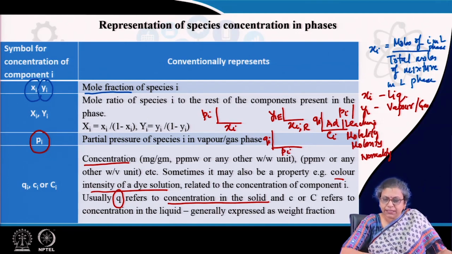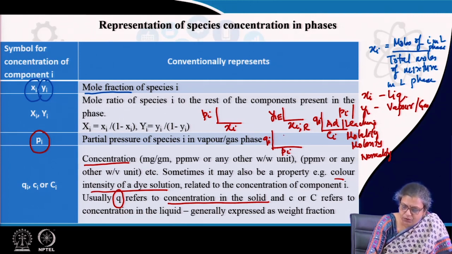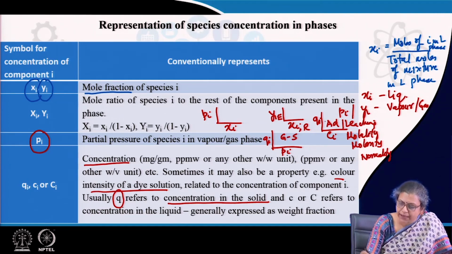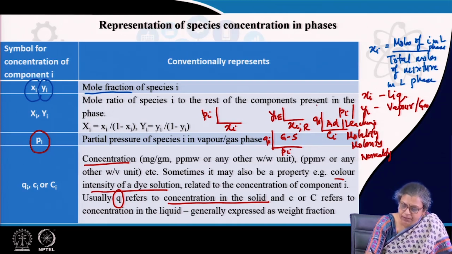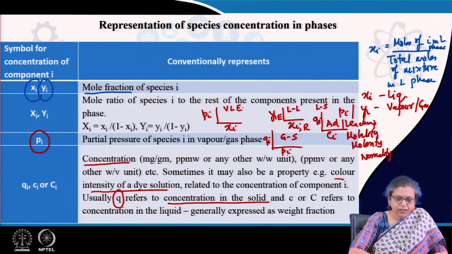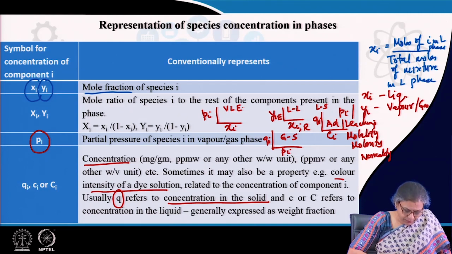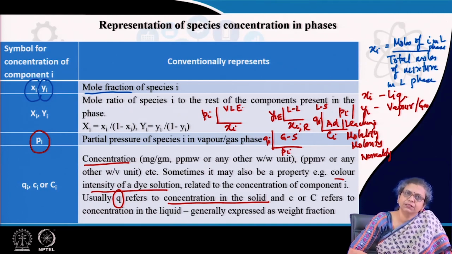So these are the different ways. This was for gas solid cases, this was for liquid solid cases, and this was for vapor liquid equilibrium. So the equilibrium data can be represented in terms of graphs or tables.